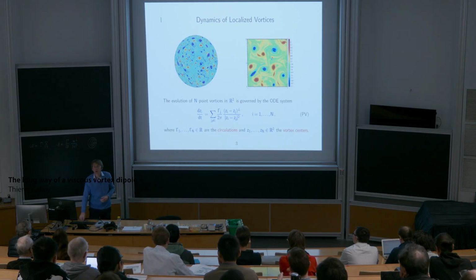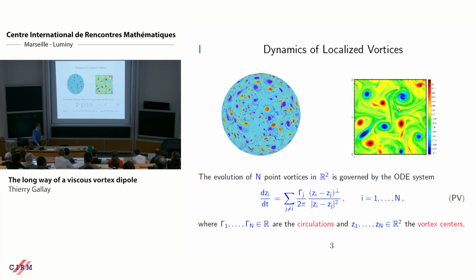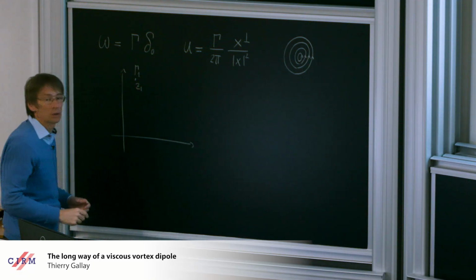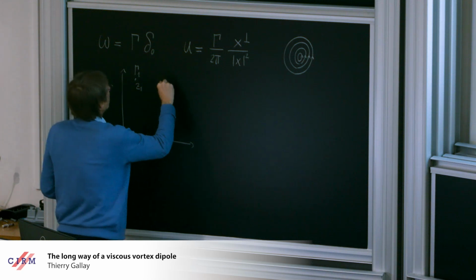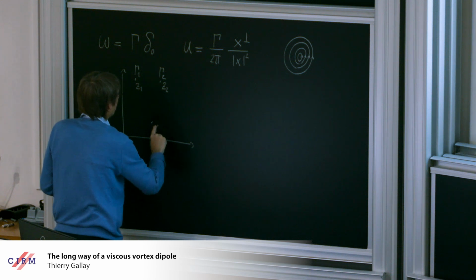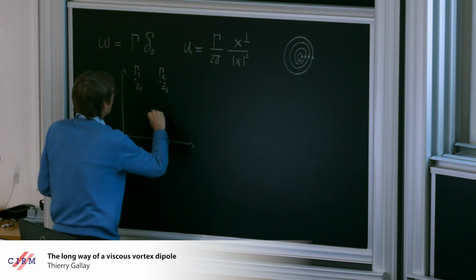But if you have several ones, then you can write an evolution equation, which is the point vortex system. So you assume that you have in the plane some place denoted Z1, a point vortex with circulation gamma 1, at another place Z2, a point vortex with circulation gamma 2, and you have n of them. So you have Zn here, maybe, with a circulation gamma n.